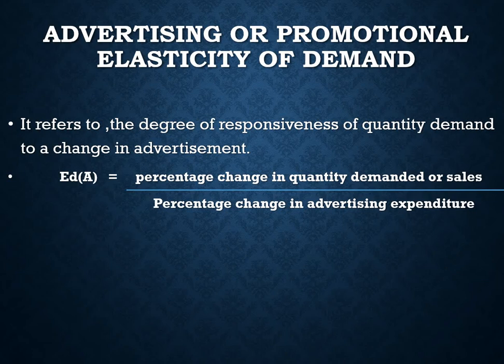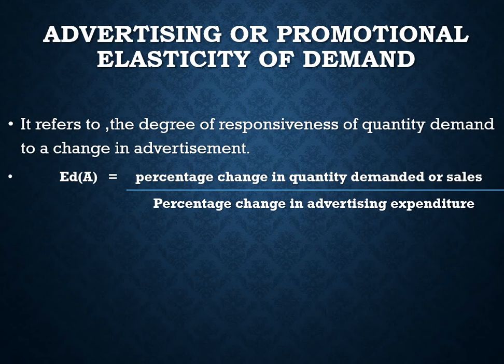Next is advertising or promotional elasticity of demand. It refers to the degree of responsiveness of quantity demanded to a change in advertisement. In simple words, the change in the quantity demanded due to advertisement is known as advertising or promotional elasticity of demand.